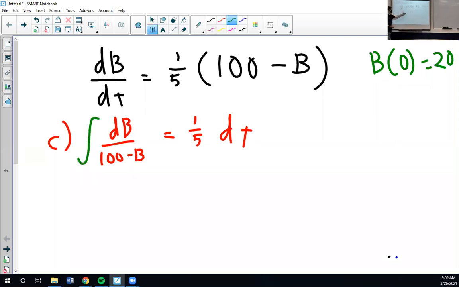Here comes our antiderivative. This is a process that should be familiar to you from last chapter. Antiderivative of 1/5 dt, right? This tells me what variable to put here. Antiderivative of 1/5 is 1/5 t. Antiderivative of 1 over 100 minus b db means we have a natural log happening there.